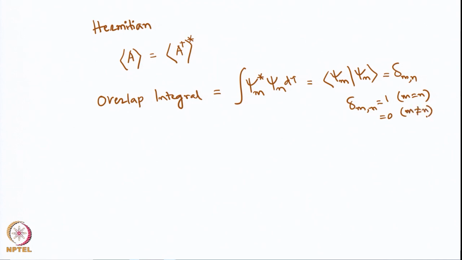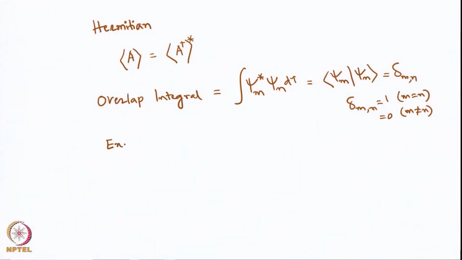In such a case, we get what is known as the orthonormal set. But the overlap integral is delta mn only if psi m and psi n belong to the same system, wave functions of the same system. If they are wave functions of different systems, then of course you will have to really evaluate the overlap.